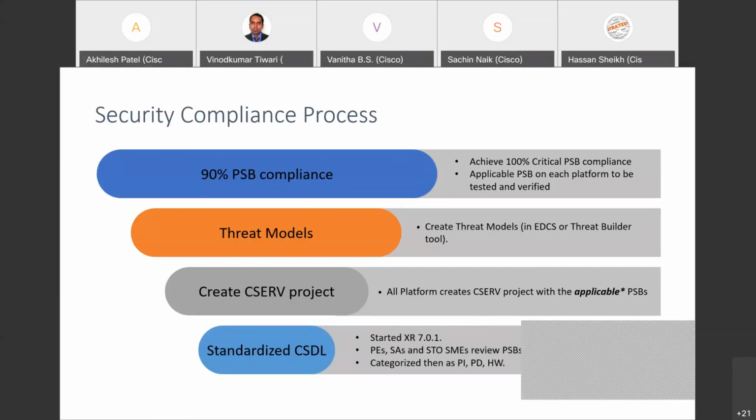Threat models were defined, which is the most important aspect for security compliance, either in EDC or with a threat builder tool. 90% PSP compliance and 100% of critical PSP compliance were met. This was in 701. A few platforms took a waiver, like ASA 9K, CXR, CRS, Skywarp, which was also agreed upon at the release level.